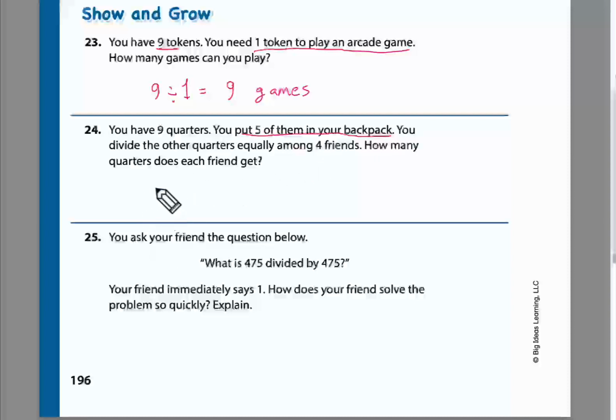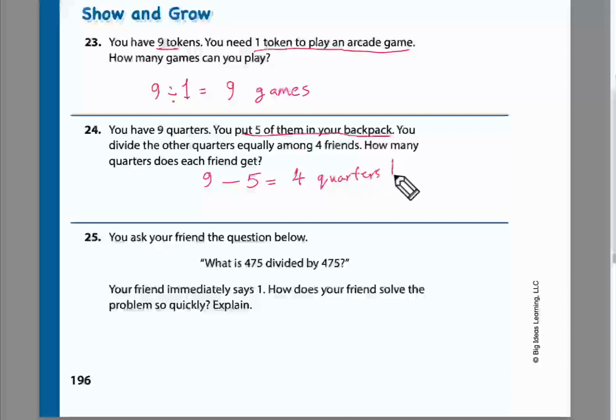4 divided by 4 equals 1. Excellent. Wow, I like your answer. But you should tell us why it's 4 divided by 4. You put 5 of them in your backpack, so we subtract 5. Yes. And now we have 4 quarters left.